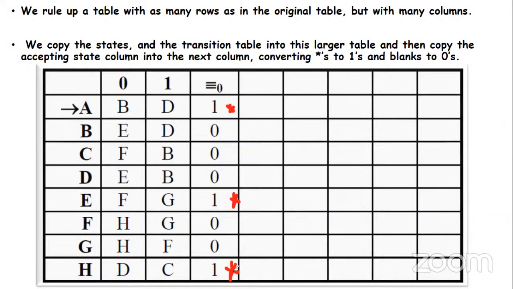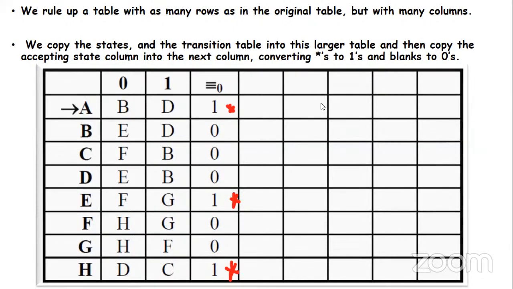Yes, sir. So what I'm saying in essence is that once you bring that here, instead of having your asterisk here, you just replace your asterisk with what? 1. Asterisk with 1. Asterisk with 1. And any other state will become 0, 0, 0, 0, 0, as you have seen.